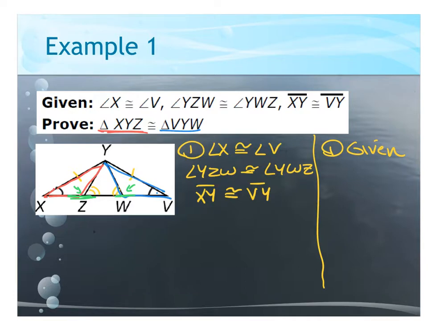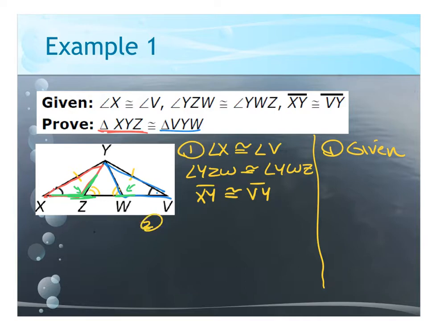Notice right here, to get a marking perhaps on this angle and this angle, I'm going to use my linear pair postulate. So I'm going to state that this angle here, XZY, plus this one over here, equals 180 degrees. So that's my next statement.